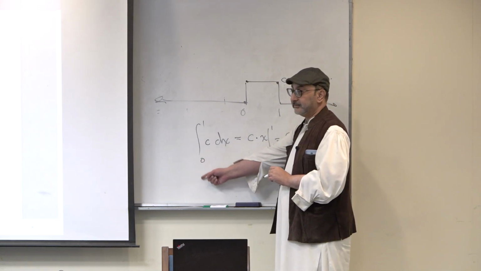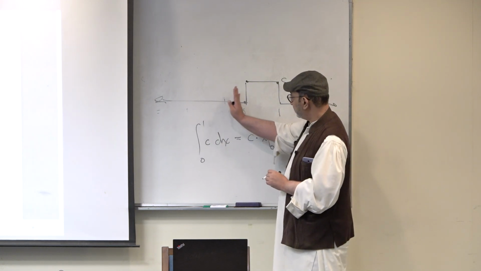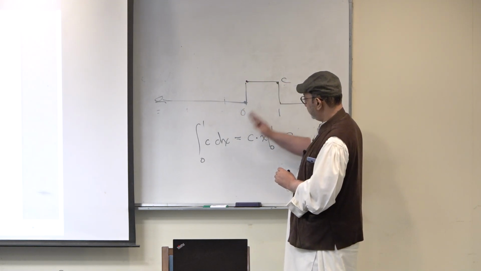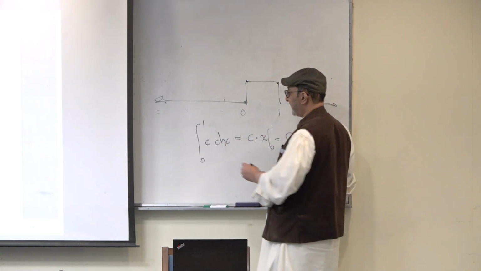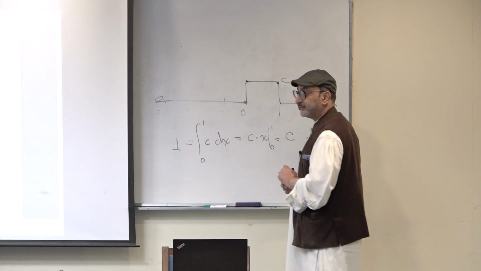But this is the total probability, right? If I integrate it from minus infinity to infinity, the outside parts would give me all zero. So the only part that matters is here, and this has to be equal to 1 for this to be a PDF.